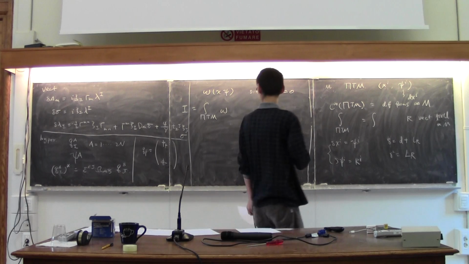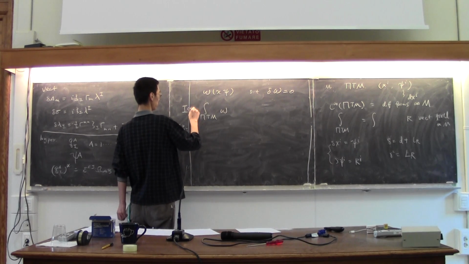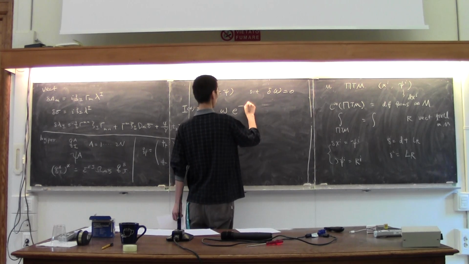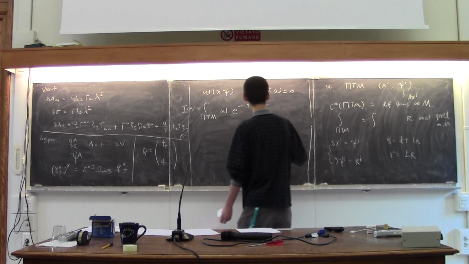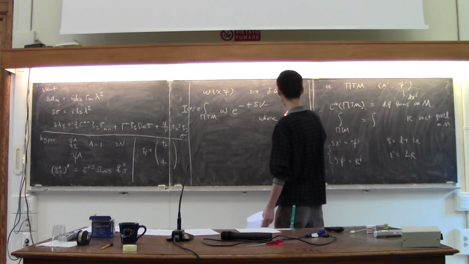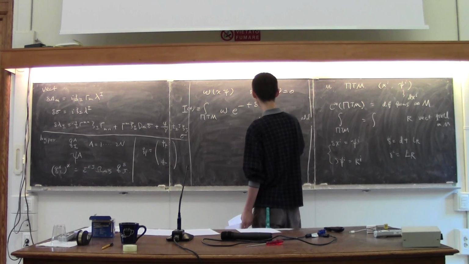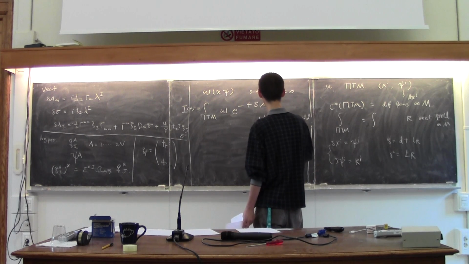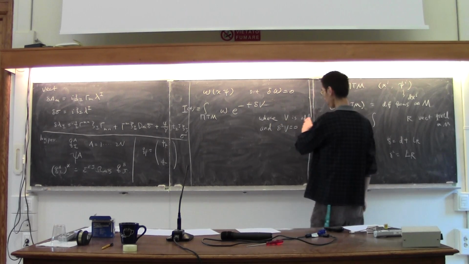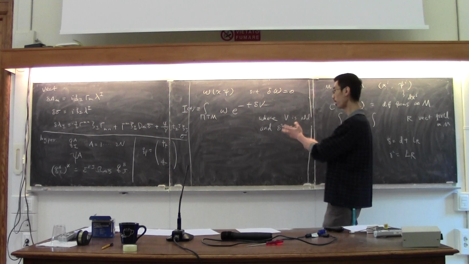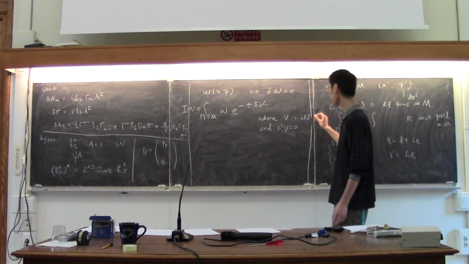Now, let's consider the following integral, where V is just some unspecified odd object such that, for now, delta squared of V is equal to 0.